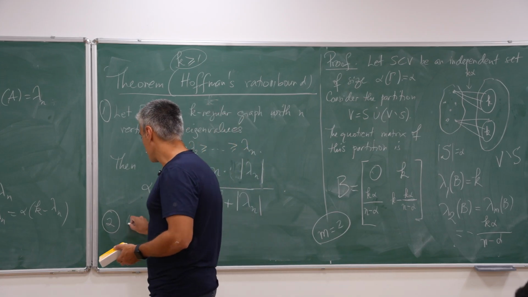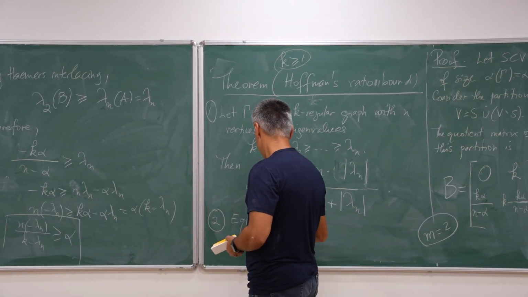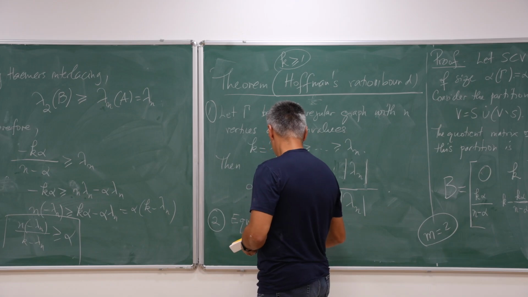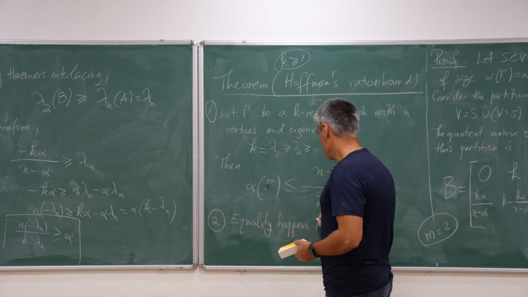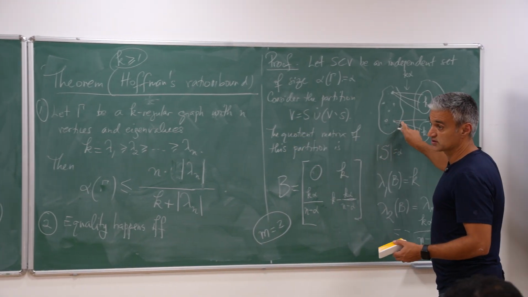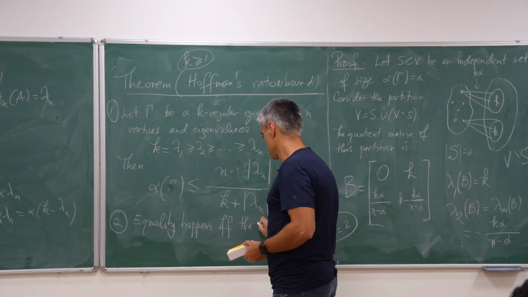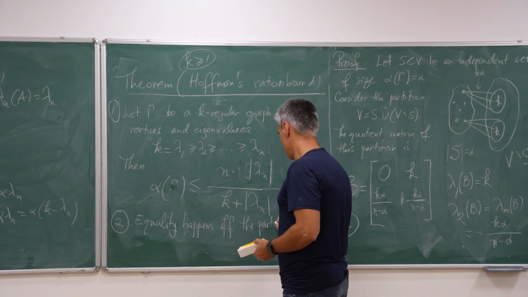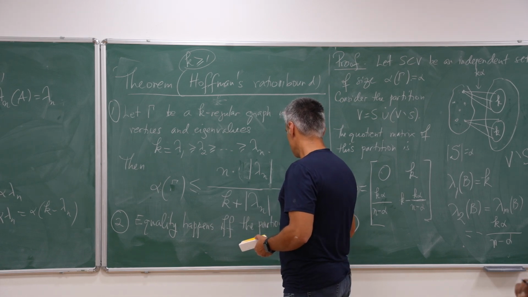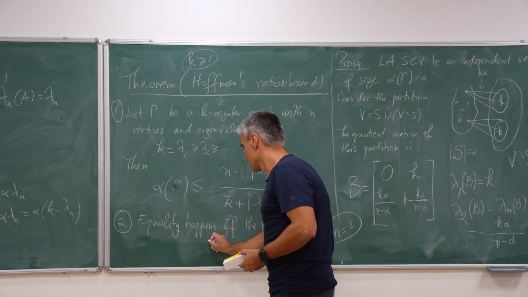So equality happens here if and only if this partition S, V minus S is equitable.